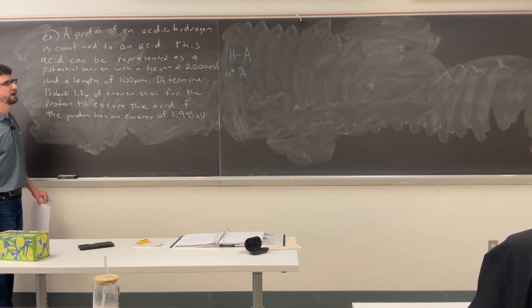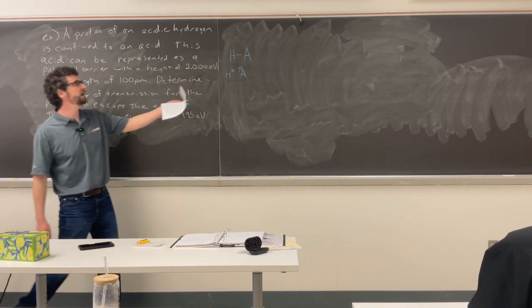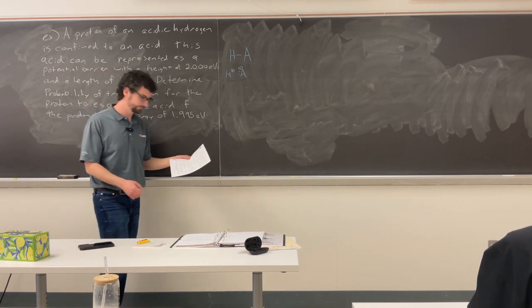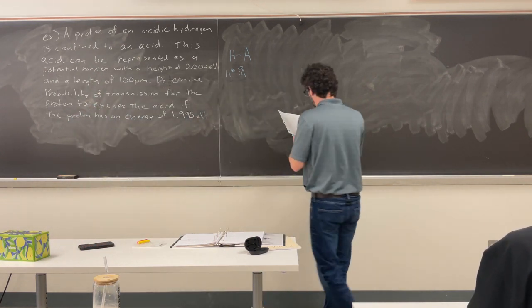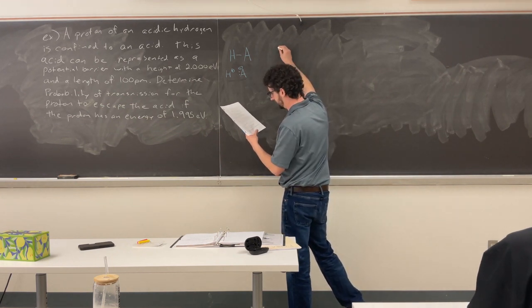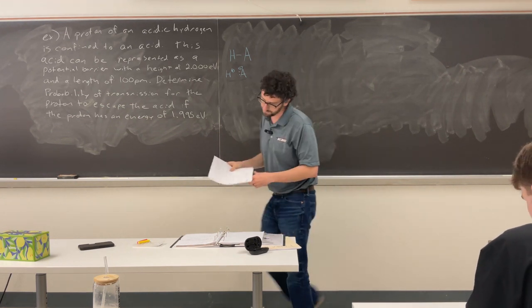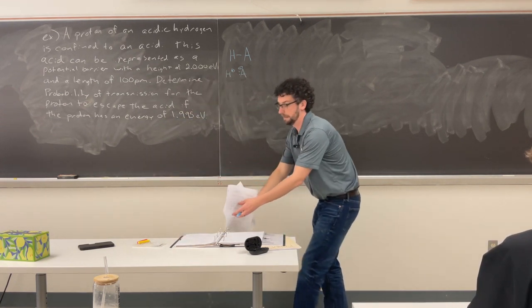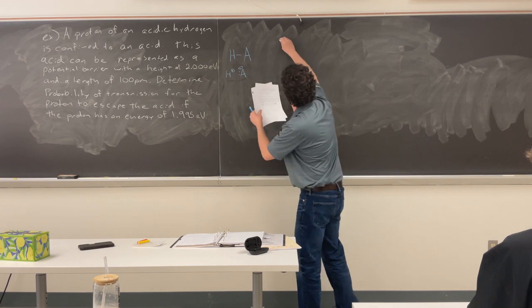Okay, let's try to calculate what's the probability of this proton just going bloop and popping off somewhere else. The first thing that we need to do is figure out an expression for what we want to use. Let's start with our unmodified expression.